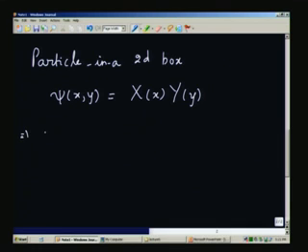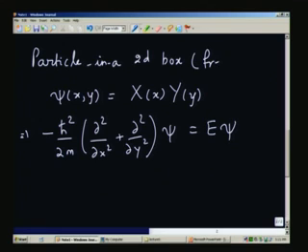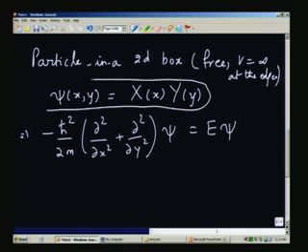We were able to write the equation minus h bar square by 2m, dou square by dou x square plus dou square by dou y square, acting on psi, giving E psi, for the free particle bounded by V equal to infinity at the edges. This was separable when we assumed the wave function to be of this form.